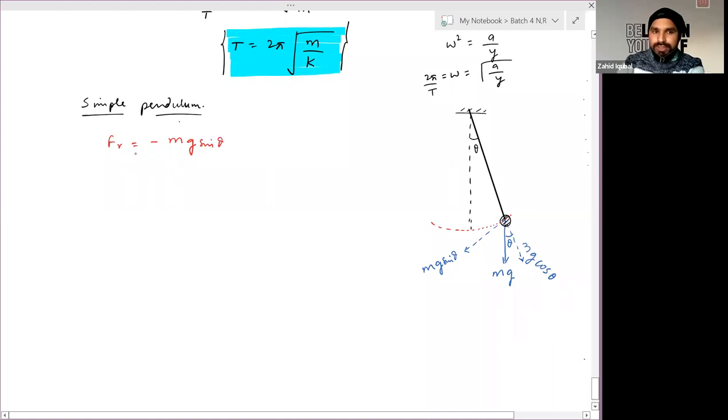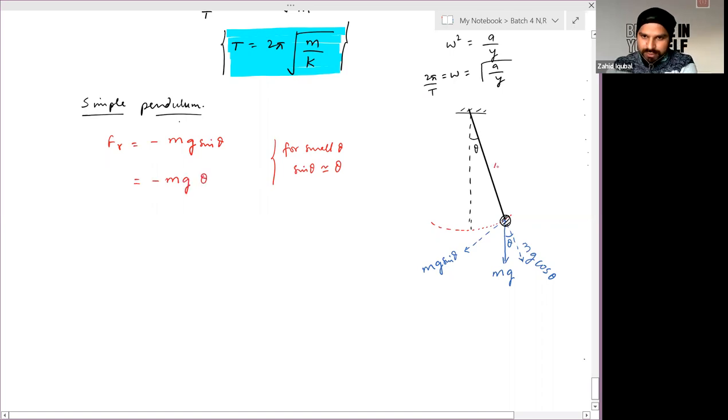And since it is restoring in nature, there is a negative sign attached with it. Now, for a small angle, sine theta is equal to theta. So we may write this expression as minus mg times theta.